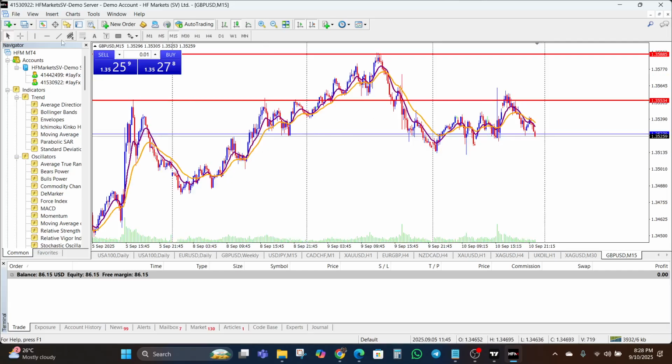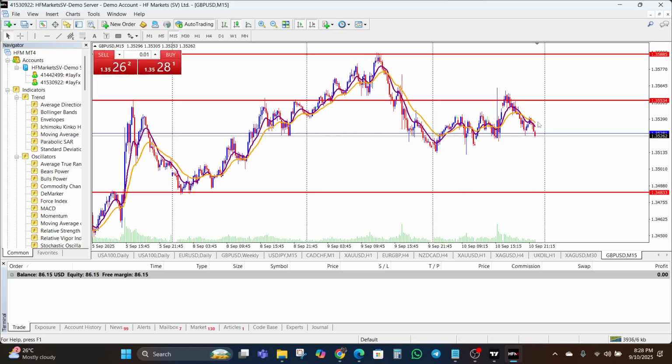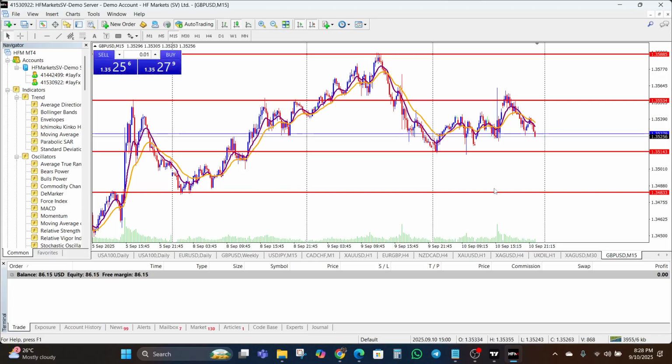You mark out your obvious support and resistance levels. These areas are where price is likely to pause or reverse, and they give you key zones for potential entries and exits. Finally, pay attention to candlestick patterns such as engulfing candles or pin bars.